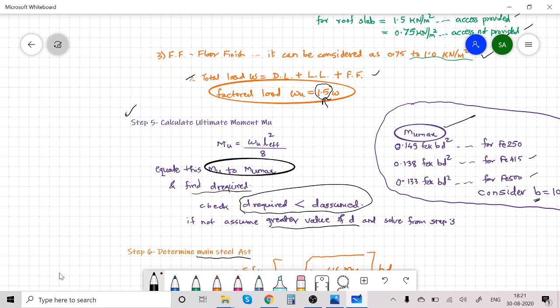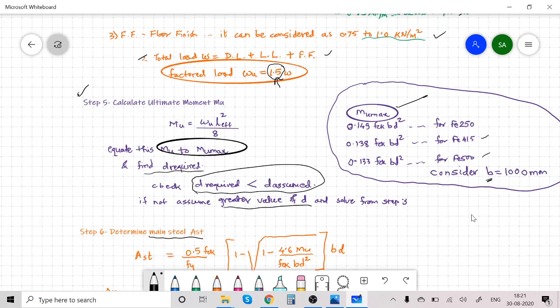This we derived in the chapter Design of Singly Reinforced RCC section. Now in this, always consider B as 1000 mm as we are designing the slab for a 1 meter strip. So, equating Mu to Mu max and considering the B value as 1000 mm, find the D required.